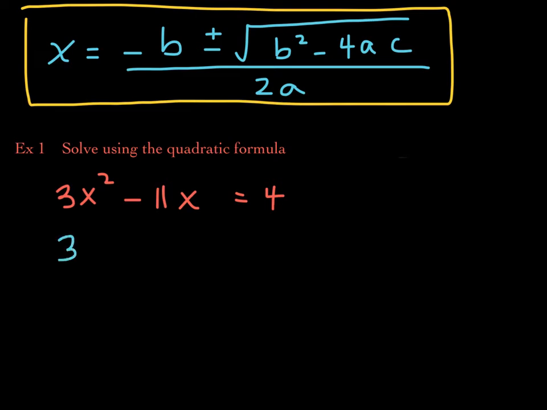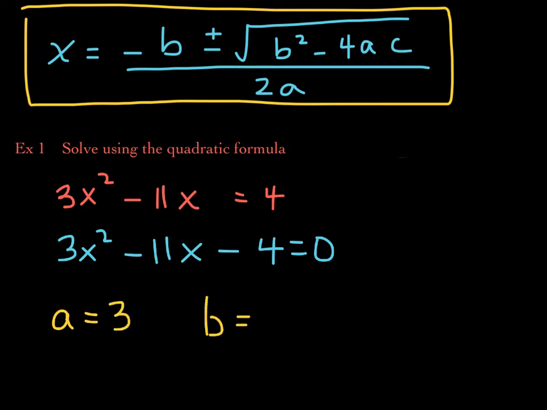So let us subtract 4 from both sides. See, now I can see that my leading coefficient, which we call a, is 3. My b value, the coefficient of the first degree term, is negative 11. And your constant term is negative 4. Not positive 4, negative 4.